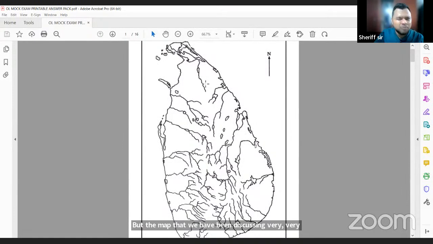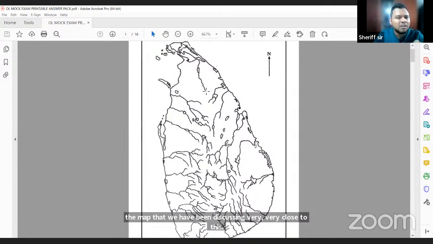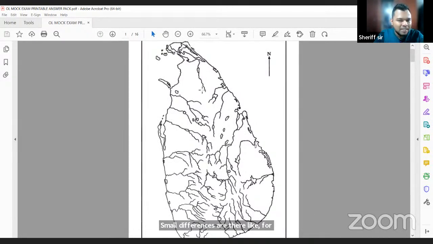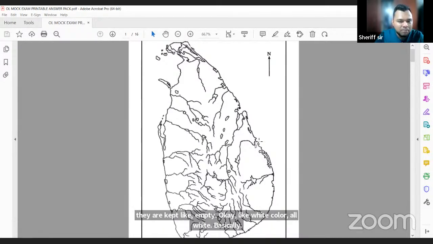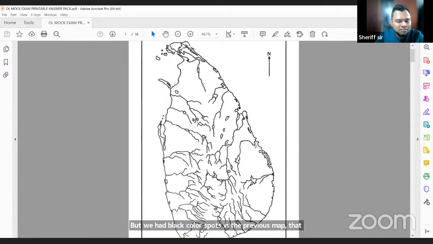Small differences are there, for example, the reservoirs are not colored in black. They are kept empty, all white, but we had black spots in the previous map. That is not a big difference, just 2-3 differences.